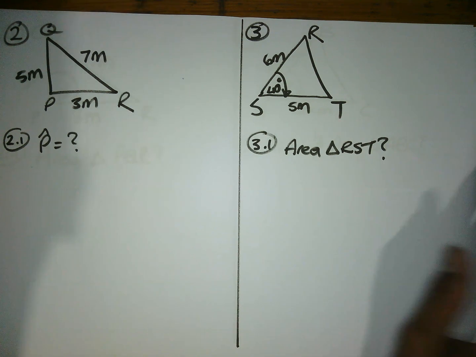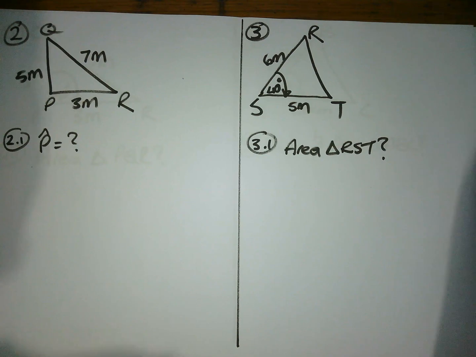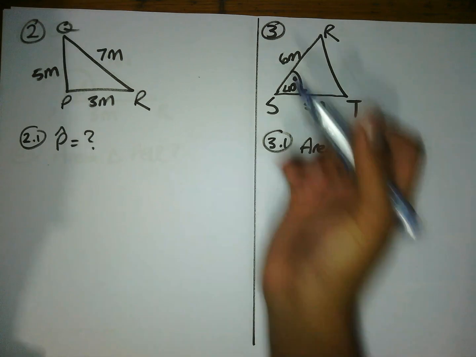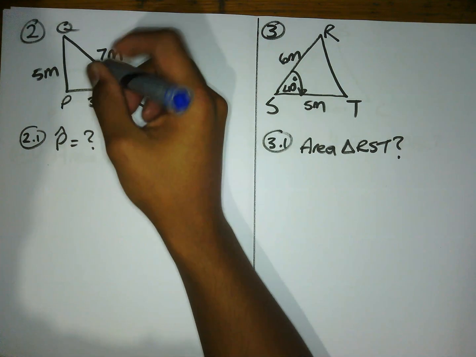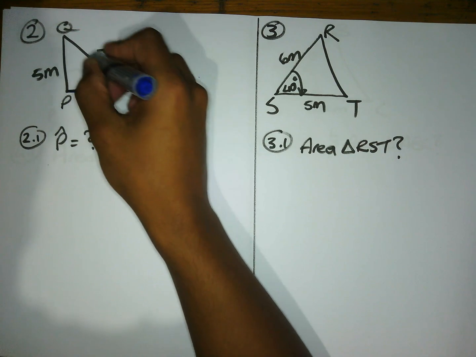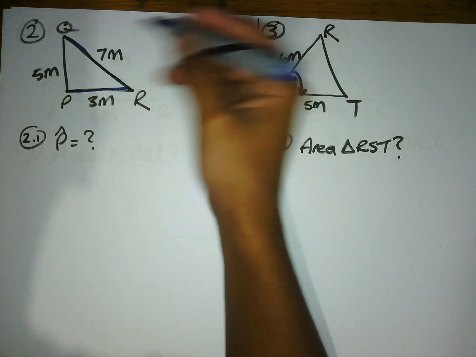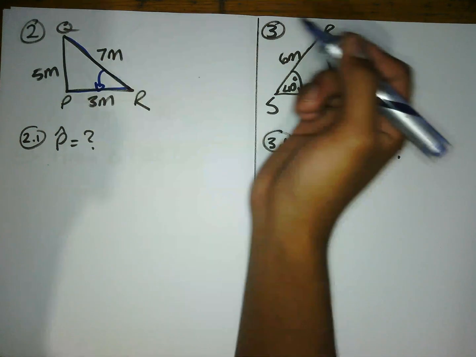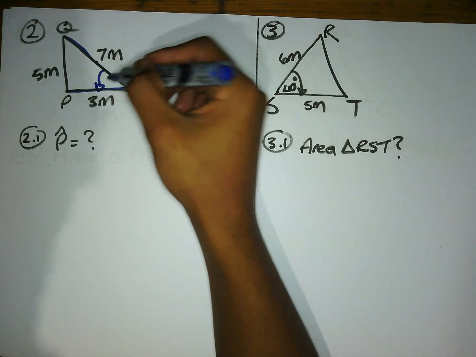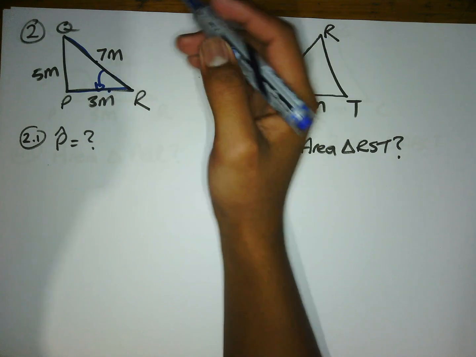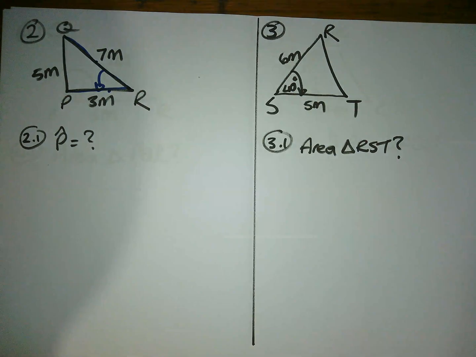So what do I do? Only thing I can use is the cosine rule. Because for the cosine rule, I need a side and a side. Then between those sides, I need an angle.